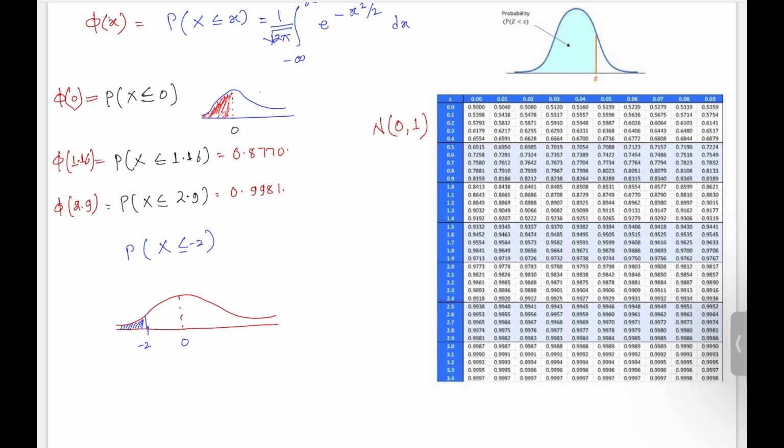That means the area from -infinity to this point will be the same as the area from the point 2 to infinity, right?